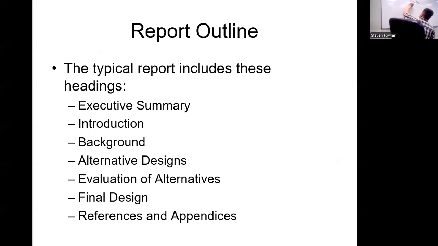And we're going to talk about these headings. Executive summary. Introduction. Background, also known as your research, if you will. Existing prior knowledge. Your alternative designs, design alternatives, however you want to say it.